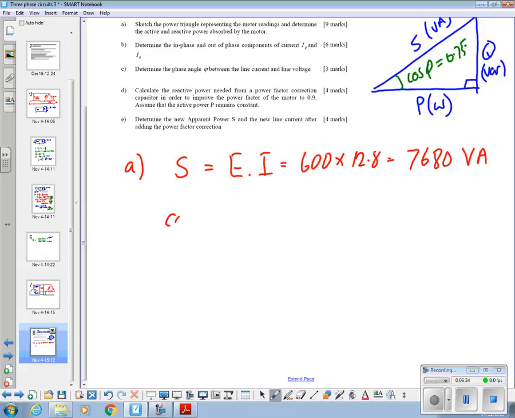Yeah, you can go cos of the angle is equal to P over S, isn't it? Is that what you're saying?